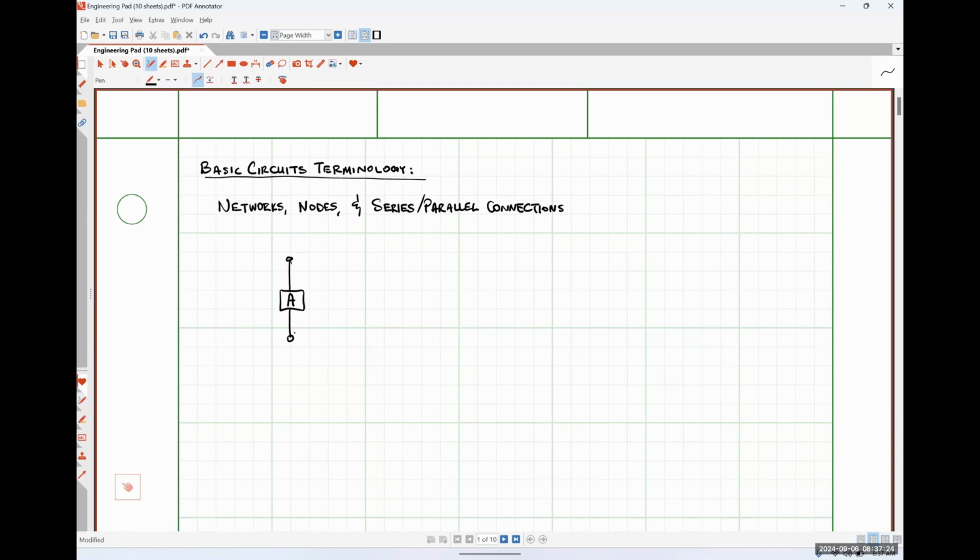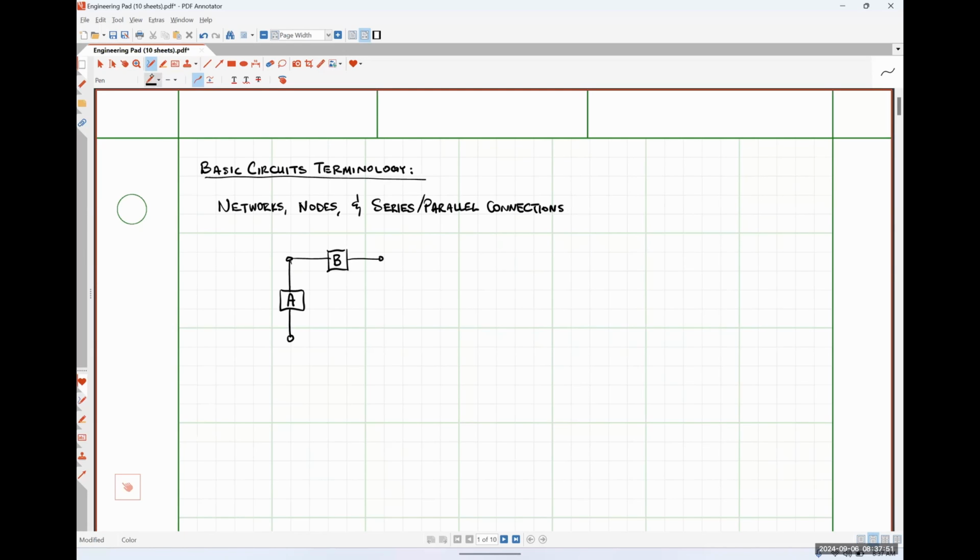So if I drew another two-terminal circuit element, let's call it element B right here, I could connect these two elements together. And whenever I have two or more circuit elements connected together, they form what's called a network. Okay?